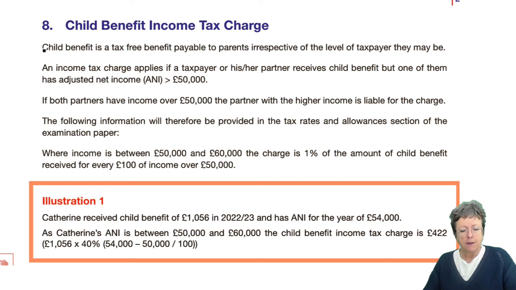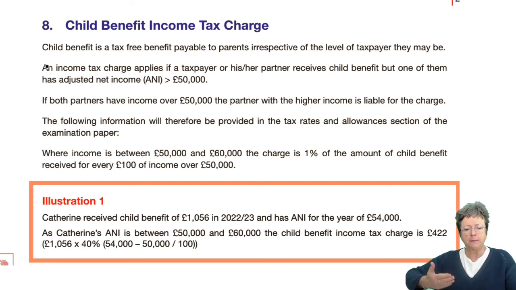However, now they've introduced this income tax charge, which applies if the taxpayer or the partner, one of them, has an ANI over £50,000. Not 100, but 50. You work out the ANI in exactly the same way as we've done before. They will then be given this income tax charge. So it goes at the bottom of the tax liability.